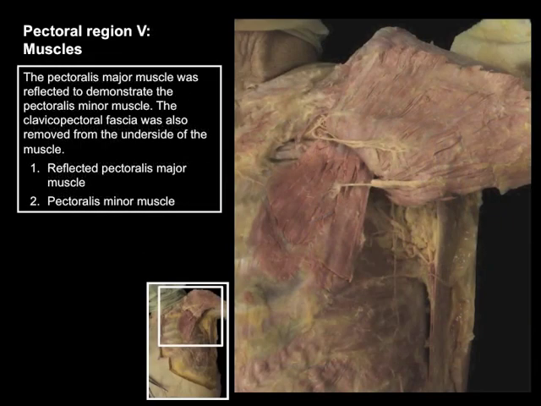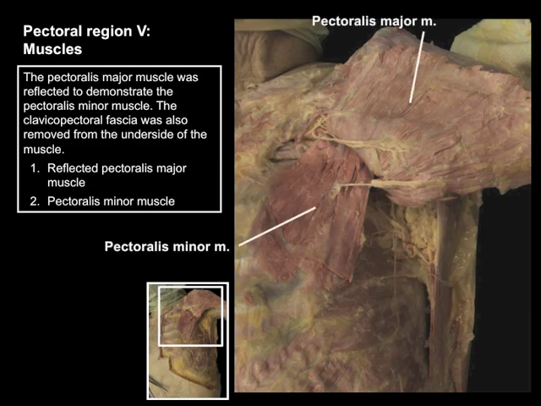The pectoralis major muscle needs to be reflected to demonstrate the pectoralis minor muscle that is located deep to it. The clavicle-pectoral fascia was also removed from the underside of the pectoralis major muscle. We can now see a muscle of the thorax that does attach to the scapula. The pectoralis minor muscle has some ability to protract the scapula.